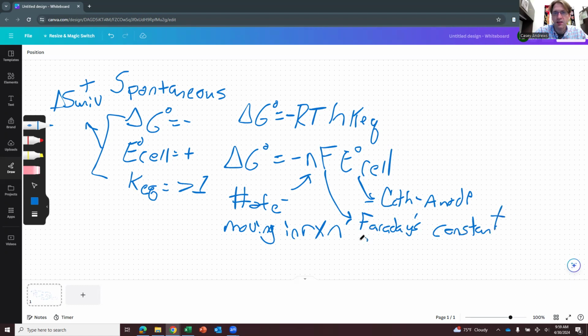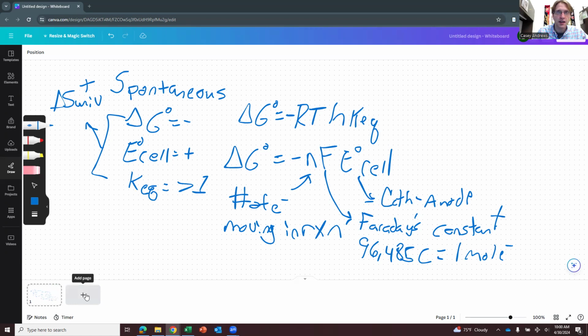And that is there are 96,485 coulombs for every 1 mole of electrons. All right, so that is the pieces of information we need to know for converting delta G and E cell.